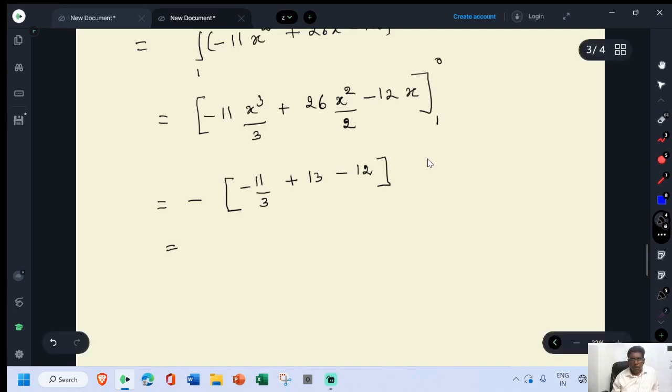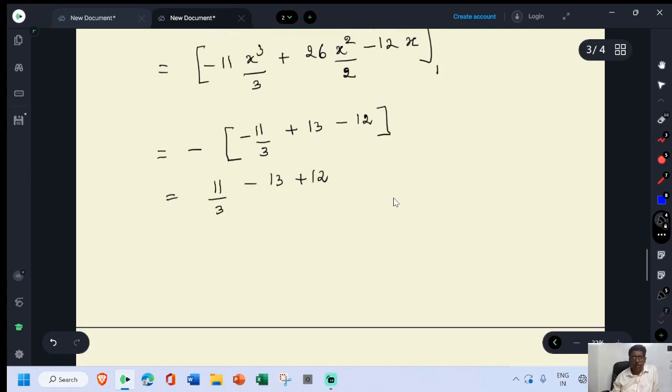Now multiply with the negative sign: 11 by 3 minus 13 plus 12. Take the common factor and simplify this. It is 11 by 3 minus 1.